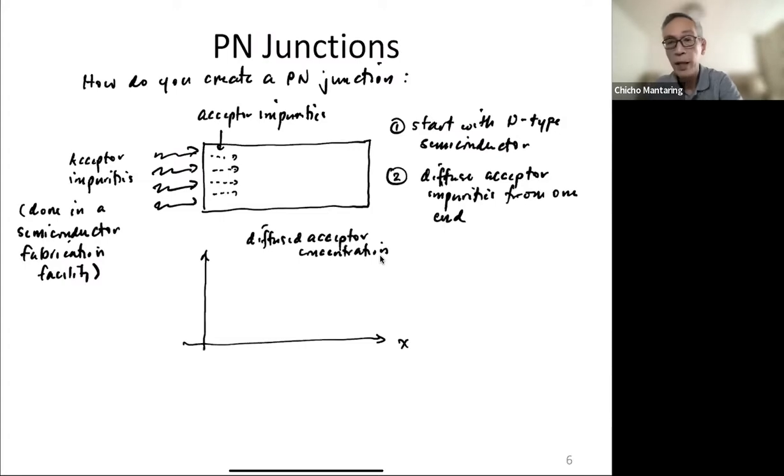The nature of diffusion is almost always going to be exponential. It's going to be something like this. That's going to be your diffused acceptor concentration. So mas mataas yung acceptor concentration sa pinakakaliwa, and then leveling off as you go down.